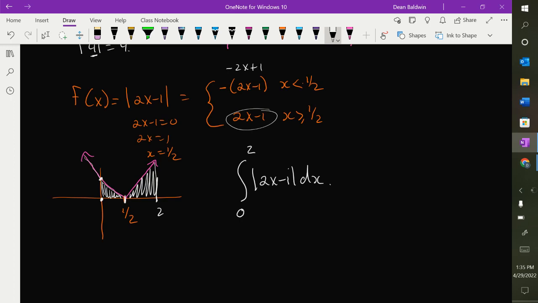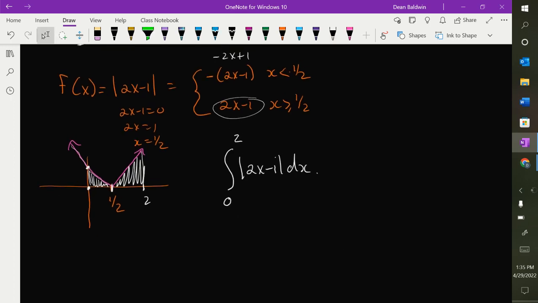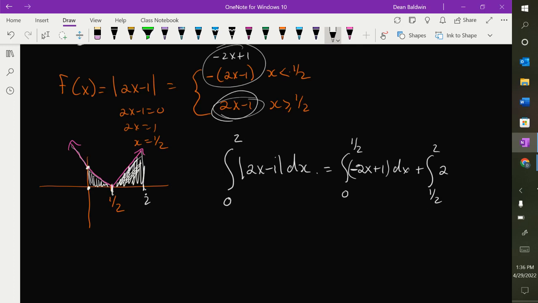Because it's defined as two different functions, piecewise, we have to break up the integral. This area is going to be the area from 0 to a half plus the area from 1/2 to 2. But those are two different functions, so we write the integral from 0 to a half of negative 2x plus 1 dx, plus the integral from 1/2 to 2 of 2x minus 1 dx.